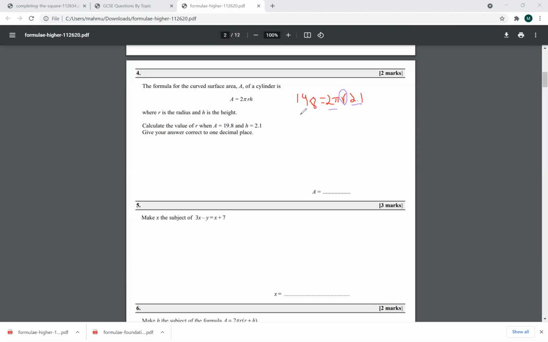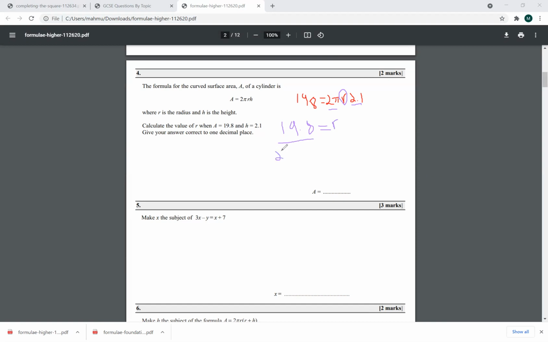So 19.8 equals R. If I move the 2 pi and 2.1 to the other side, I'm just dividing.